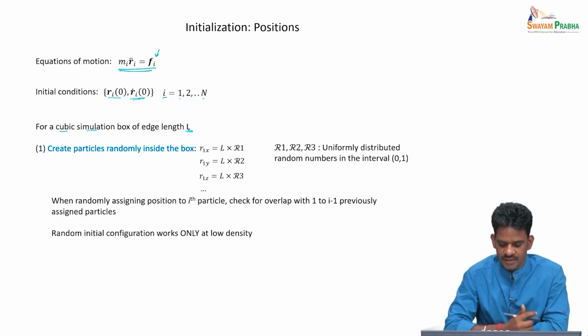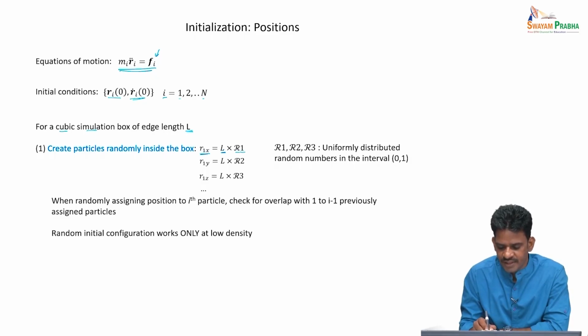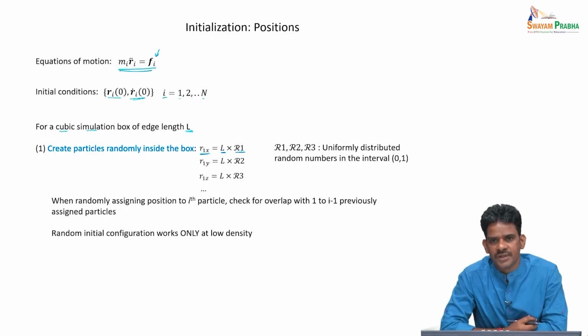It can be done by writing the first particle's x position as the edge length of the box multiplied by a random variable r1, which is uniformly distributed in the range of 0 to 1.